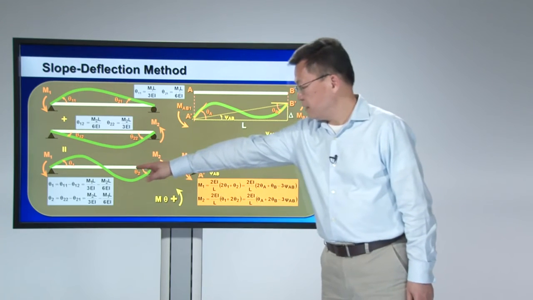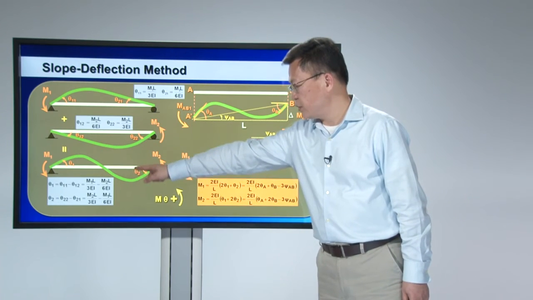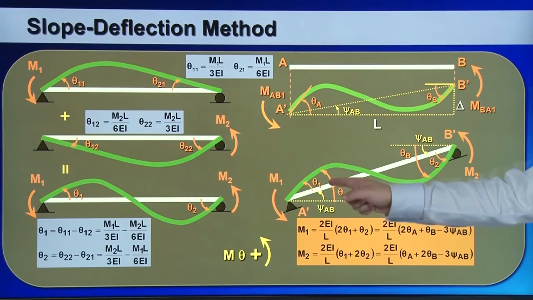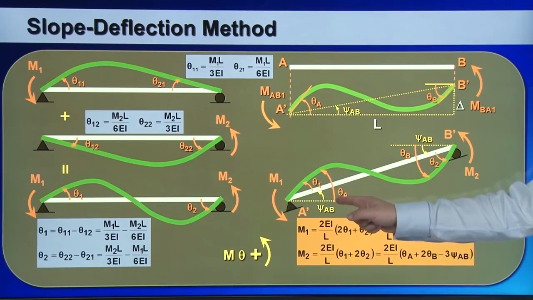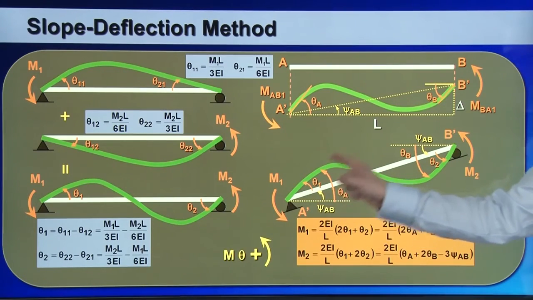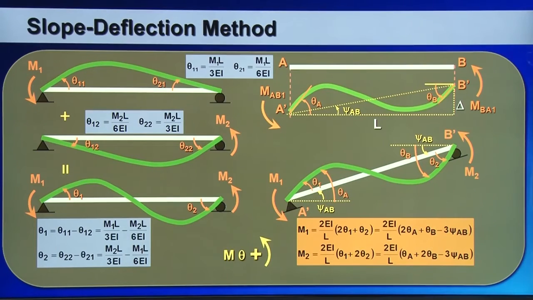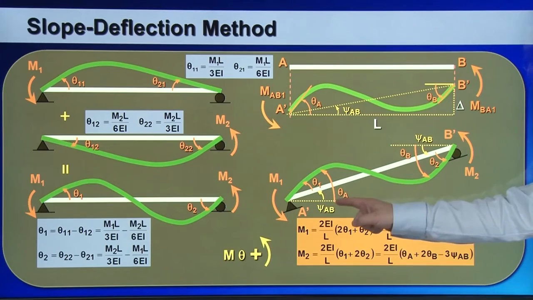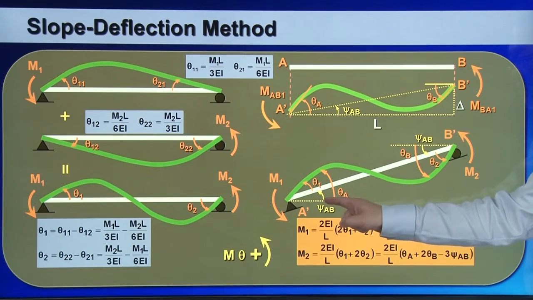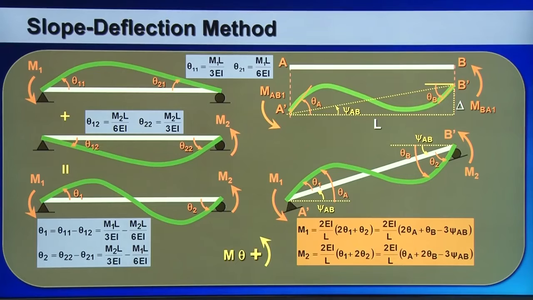So based on the previously established equations, I can substitute the relationship. Theta1 is equal to theta A, measured from the horizontal line to the tangent line at point A. So this is theta A. So theta1 is equal to theta A minus the rigid body rotation angle, while theta2 is equal to theta B minus the rigid body rotation angle.